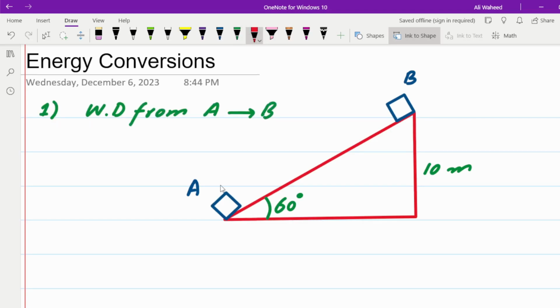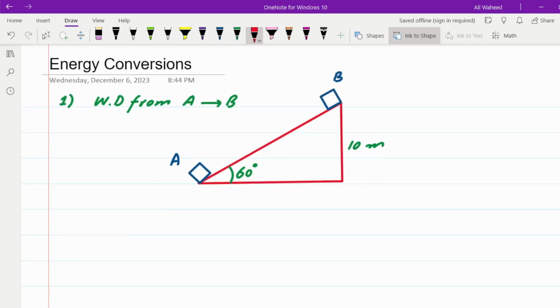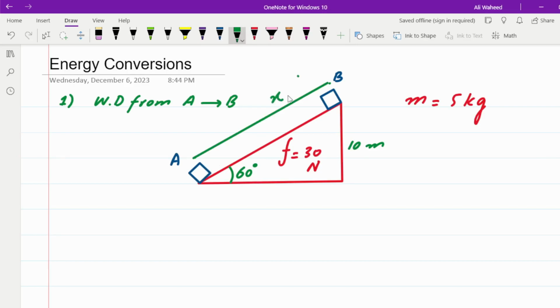And some of the data that is given in the question is the mass of the block, 5 kilograms. And there is some frictional force as well. And the box covers some distance along the slope, x meters. It's not given numerically. We'll have to sort it out if we can.